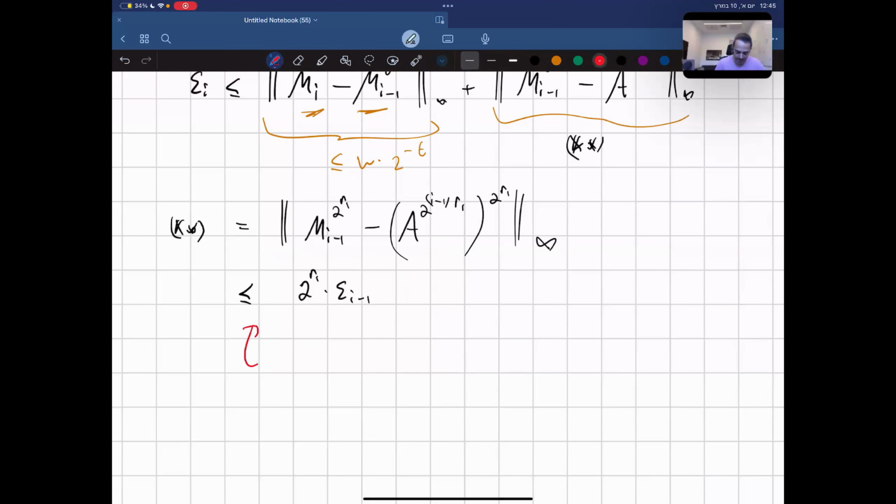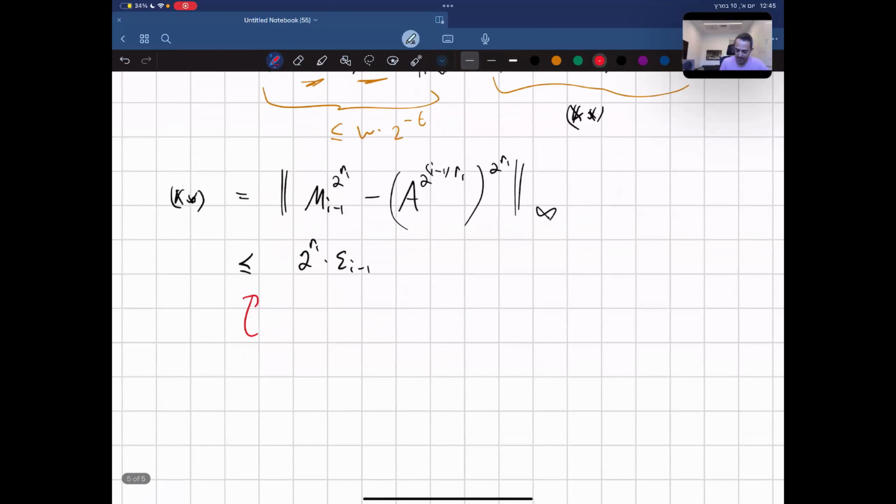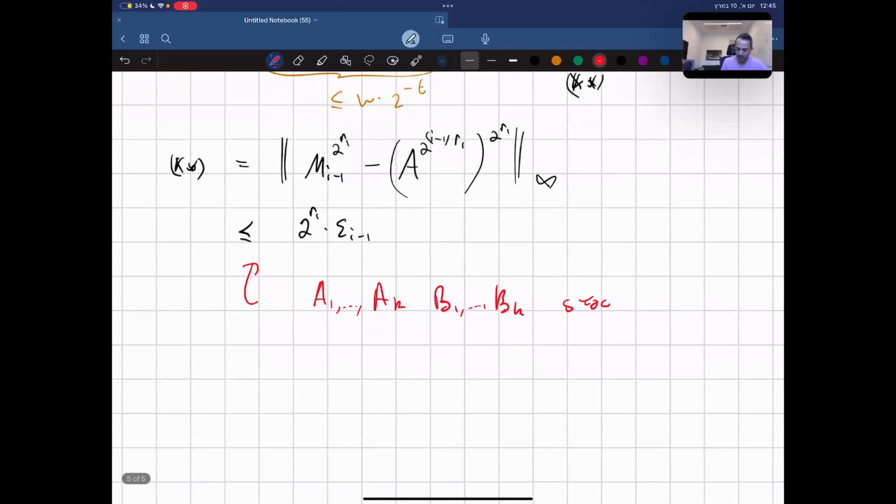The reason is that it's an easy claim: if you have stochastic matrices A1 through AK and B1 through BK, and you know that the product of the Ai's minus the product of the Bi's in infinity norm is at most the sum of the individual errors.